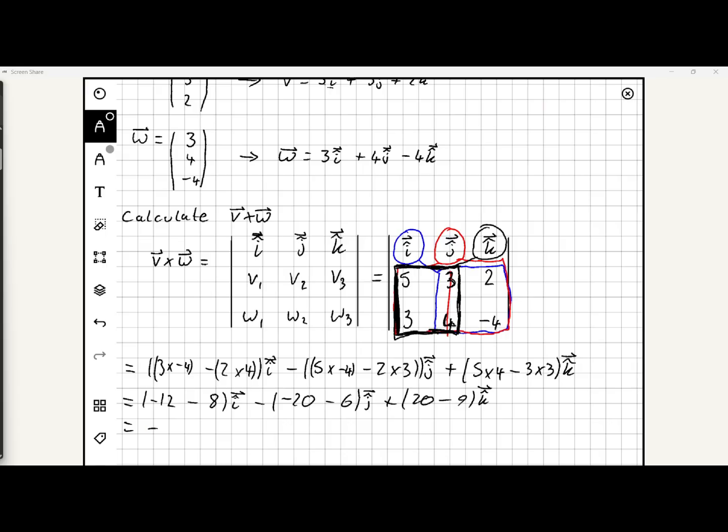Then finally we have minus 20i, minus a minus, so that'll be plus 26j, and then here we have plus 11k, and that is our V cross W.